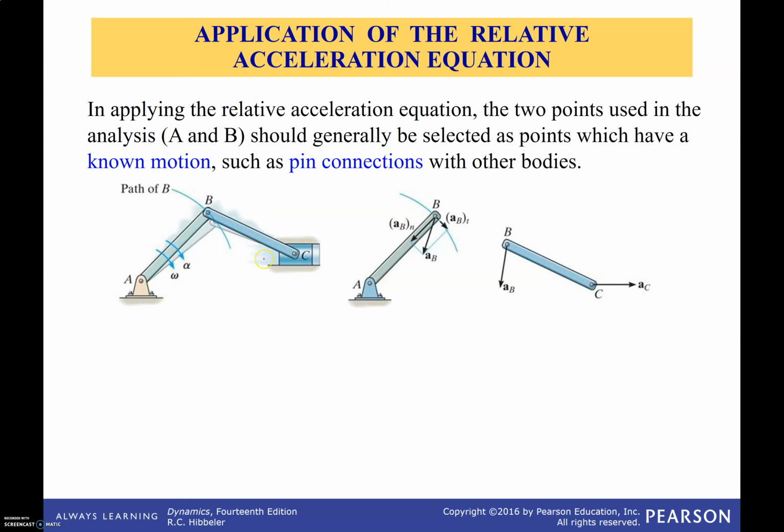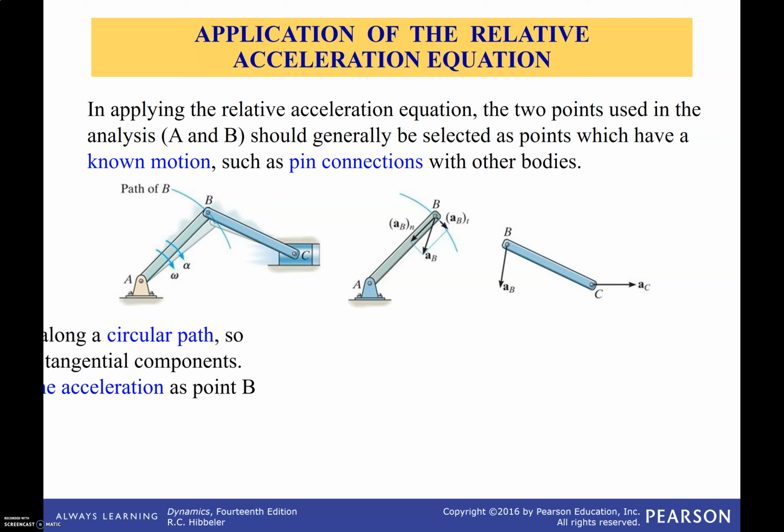And we also know that C is constrained to move in this direction, so C is going to have a translation motion. Then you can start breaking the motion. This is the one that has the complex motion, and this is a pure rotation here. Then we can use that equation that we know to find one acceleration in terms of the other.